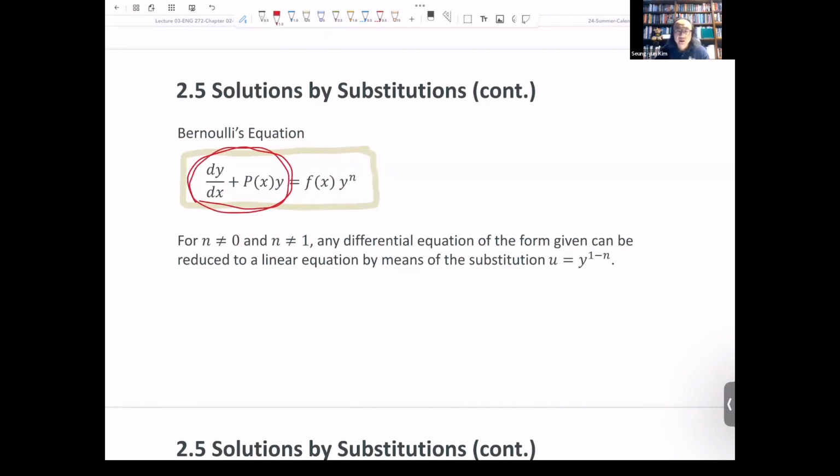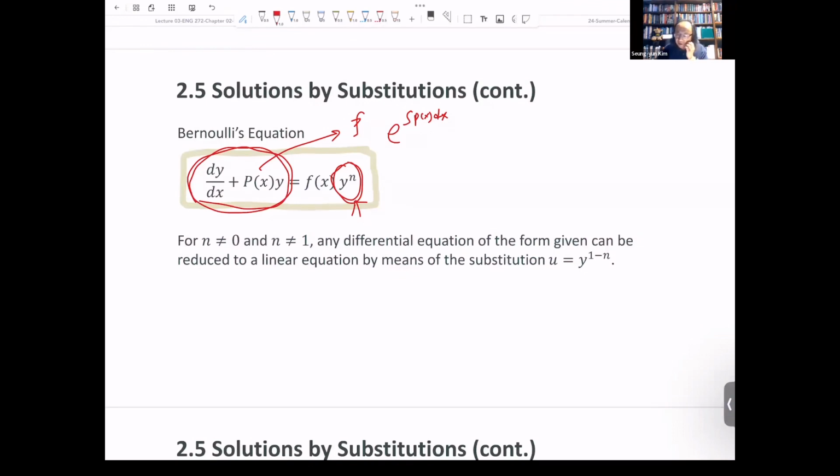That is a linear equation, and with the integrating factor we have e to the integral of p of x dx. That's the format. But we cannot directly use that because on the right-hand side we have a y to the power of something, so it's not linear. For the Bernoulli's equation, we're going to make this guy disappear.